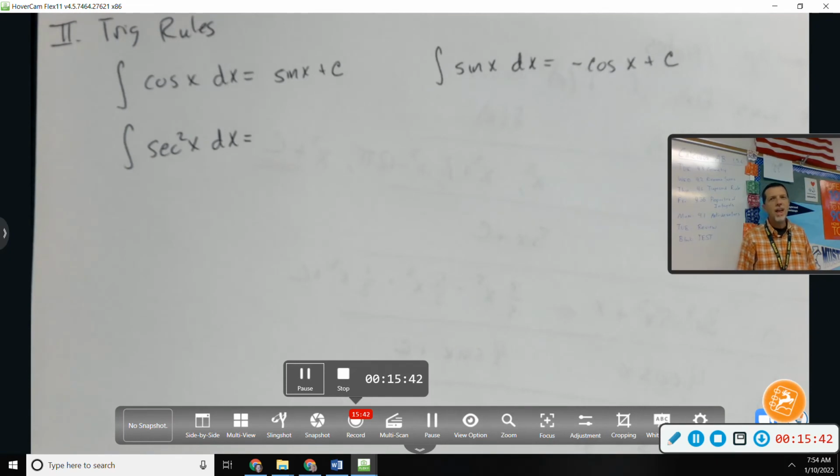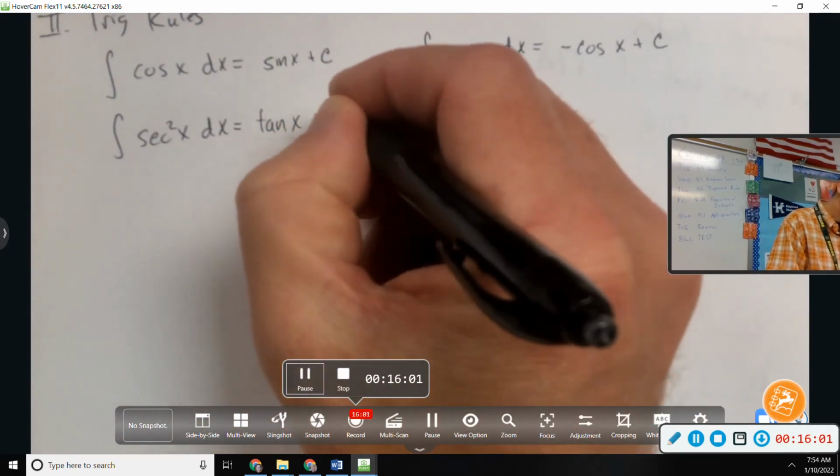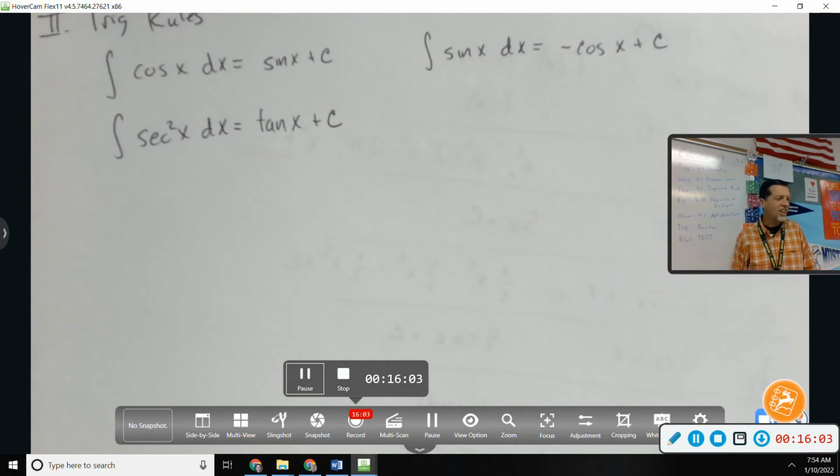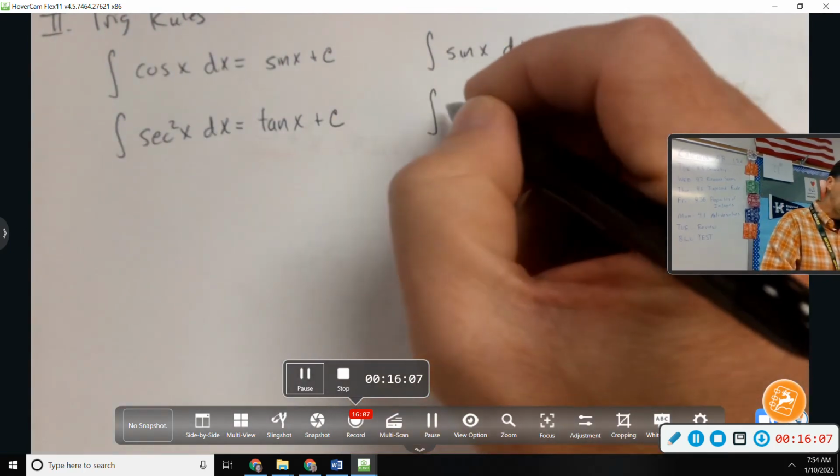Okay, thinking backwards, which one of the trig functions had a derivative of secant squared? So find the antiderivative of secant squared. Very hesitantly, but yes, tangent. Tangent? Yes, the derivative of tangent is secant squared. And you remember these all come in pairs.